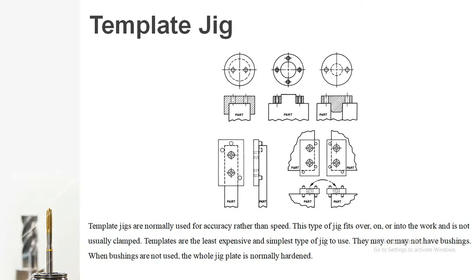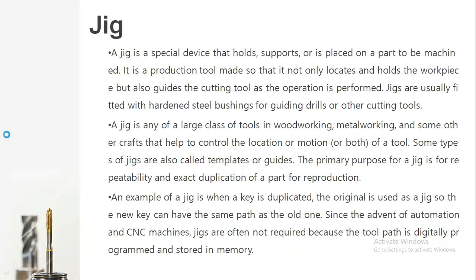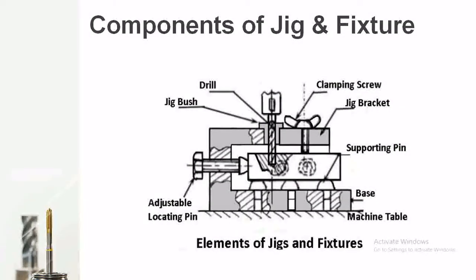As you know, we have seen the different components of jig and fixture in the previous slide. Here you can clearly see a jig plate fitted with a jig bush is located or clamped by using clamping devices such as a clamping screw.